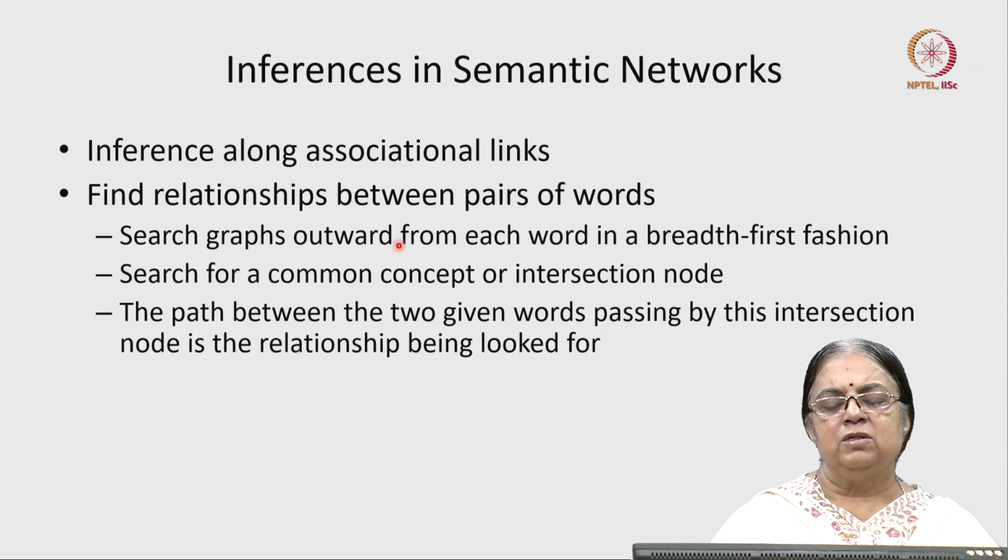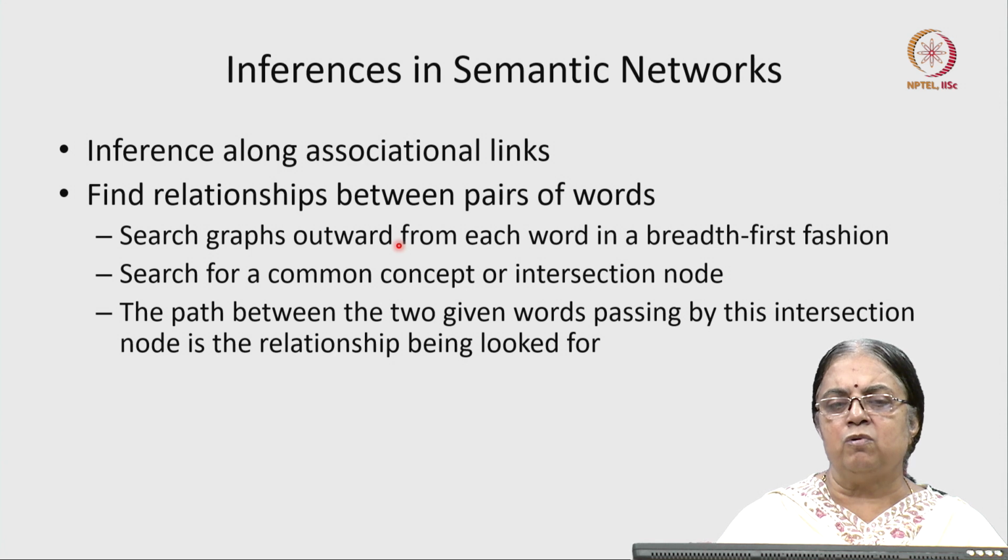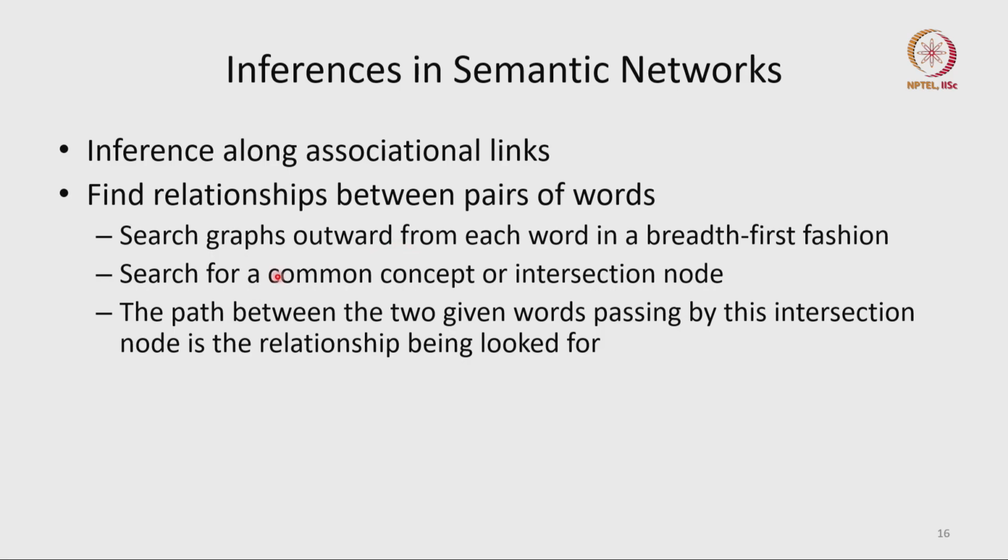Okay. So, for example, if you want to find the connection between two words, right. So, you need to keep moving till you find a common concept between the two words, and the path between the two words passing by this intersection node is the relationship between them. So, that is how you carry out inference in the semantic networks basically.